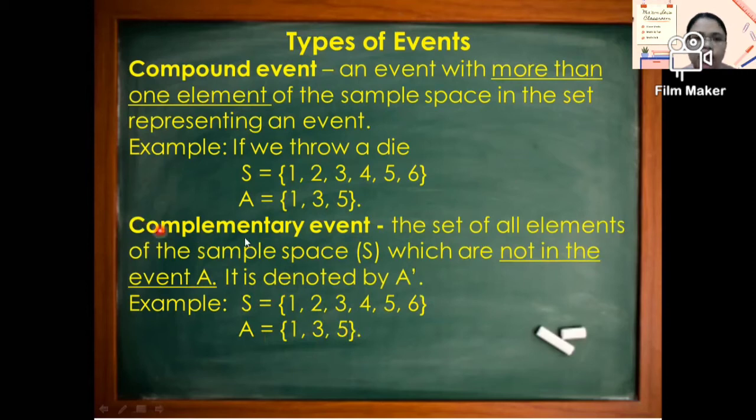Yun daw yung magiging complementary event. Ibig sabihin, magpapakompleto sa ating event A. Siyempre, kung meron tayo ditong 1, 3, 5, ang complementary of event A is 2, 4, 6.